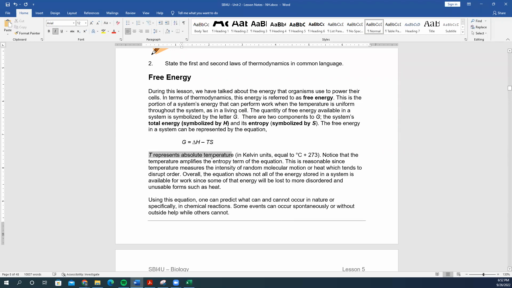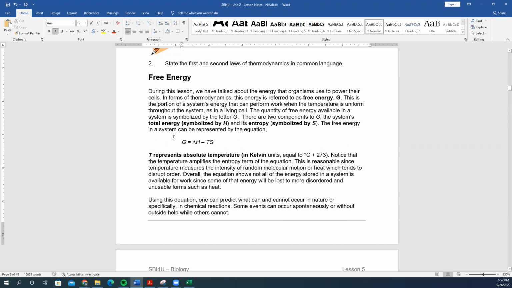And T represents absolute temperature in Kelvin. Free energy, we just say that is G.